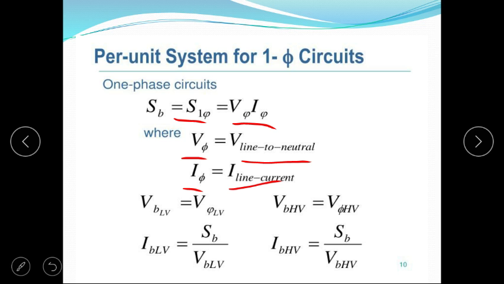Similarly, V line voltage is equal to V phase voltage in a single phase, and V HV is equal to V single phase. So I base is equal to S base upon V base. Similarly, on the high voltage side, it is also S base upon V base.